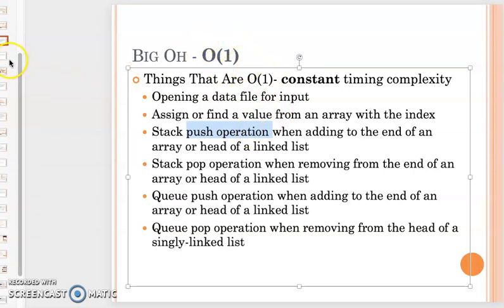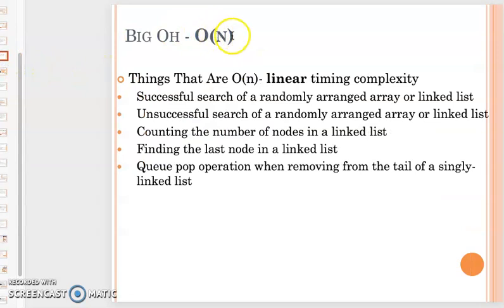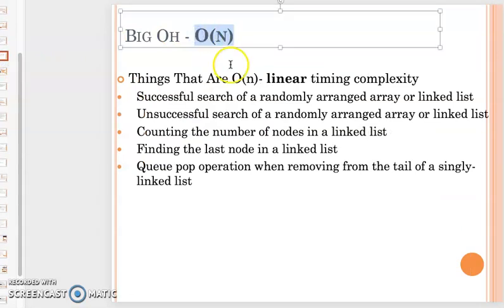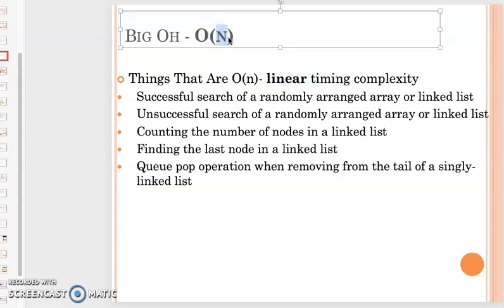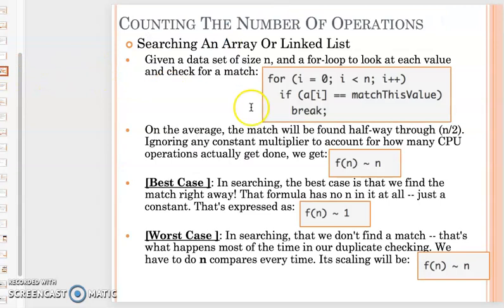A lot of the time you also hear about big O(n). Big O(n) means linear runtime. That means if your data size is n, then to go over it, you will go over n times. The most typical one is search.